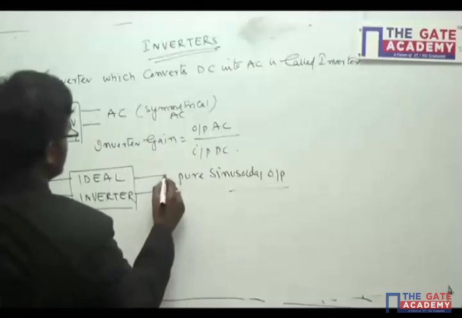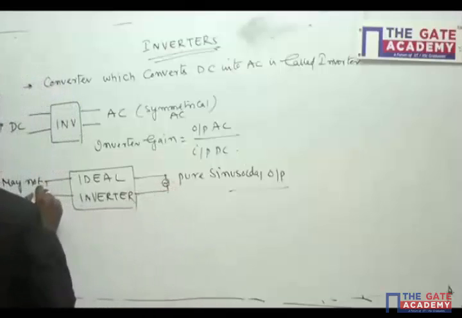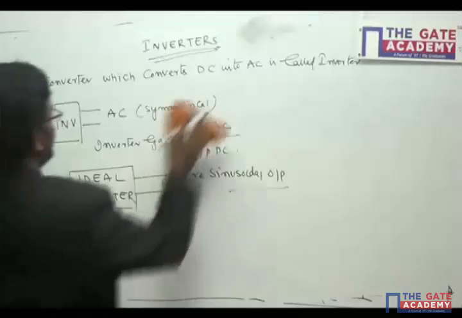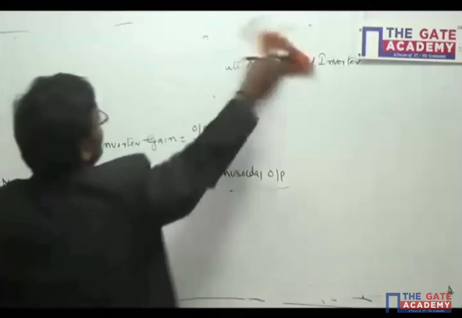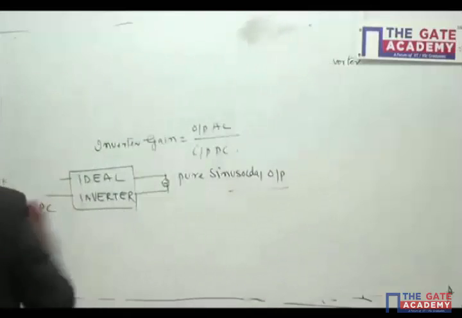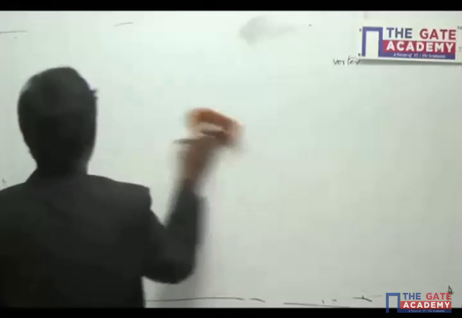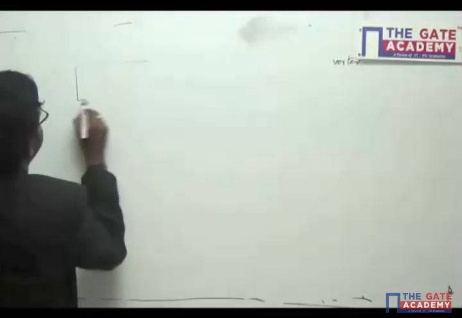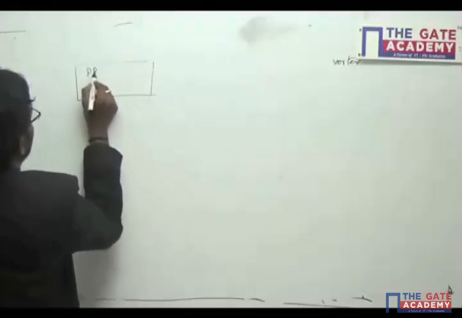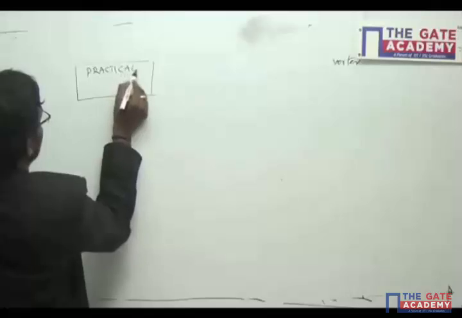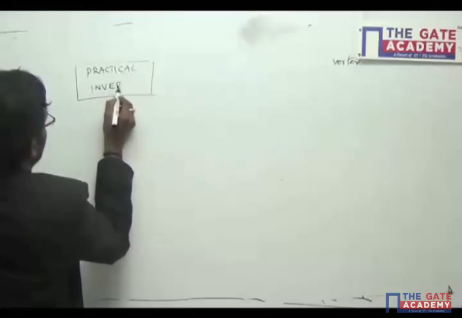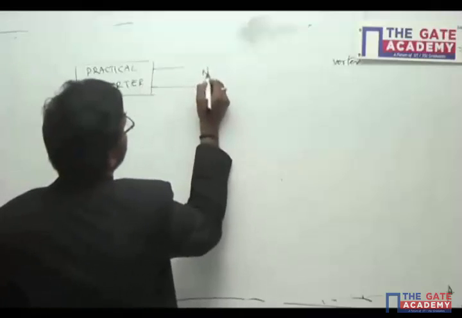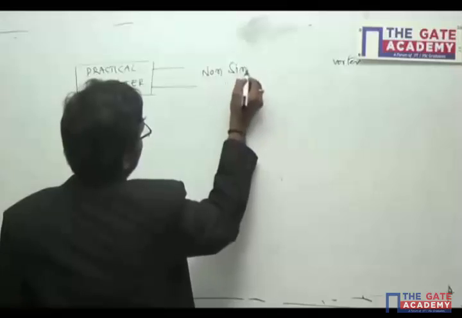So this is a pure sinusoidal. It may be or may not be at DC. What about the practical inverter? The practical inverter, how will it be? The output is definitely non-sinusoidal.